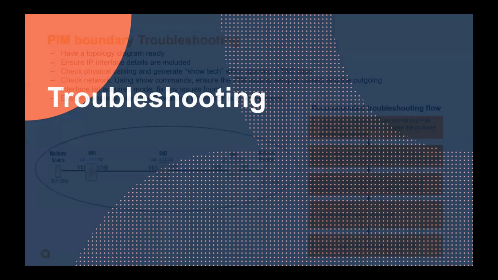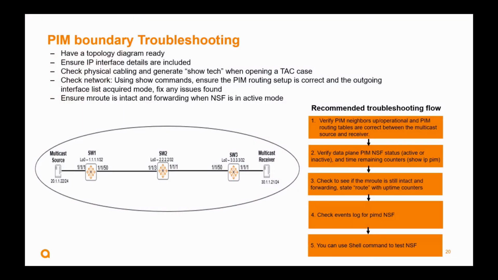So let's take a look at the troubleshooting. Similar systematic approach as far as the physical topology and the physical cabling and so on being checked. Some of the show commands, we'll take a look at from here. So we have our topology, and then verify your PIM neighbors are up and operational and the multicast routing is correct between the multicast source and receiver. Very important.